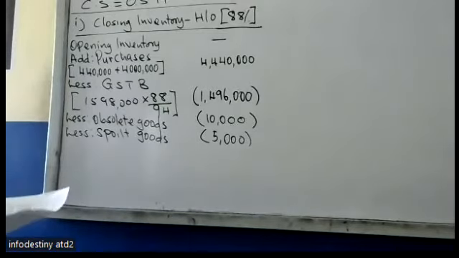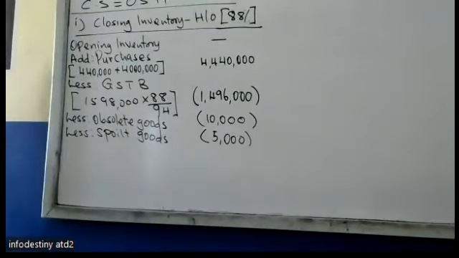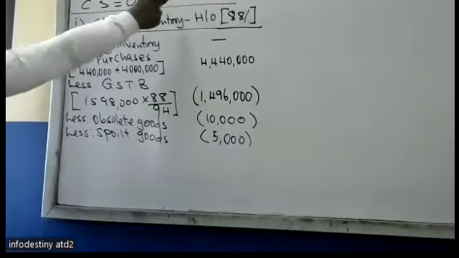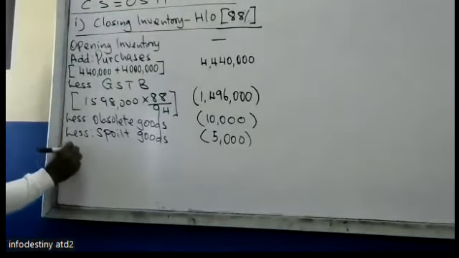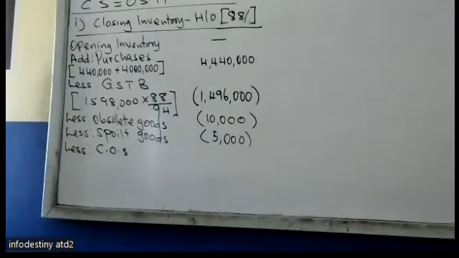Then we less now the cost of sales. There is nothing else. So less cost of sales. Cost of sales is the last element we are subtracting.